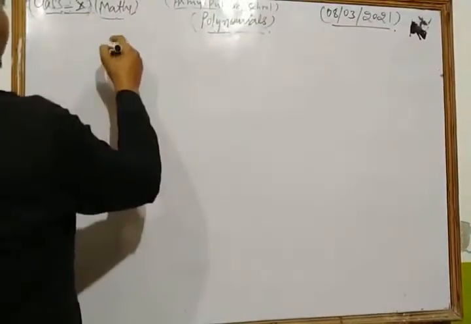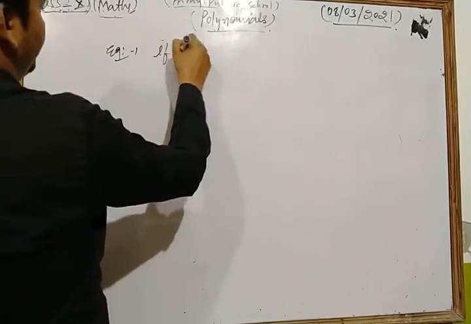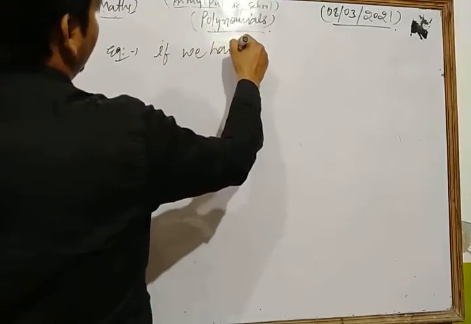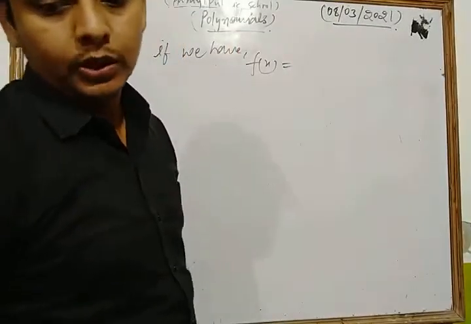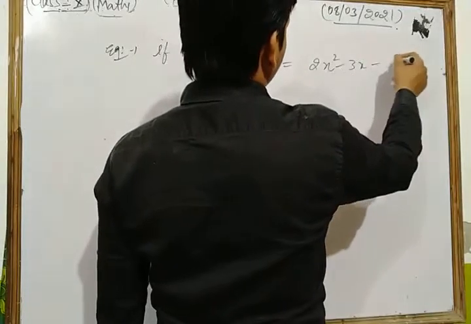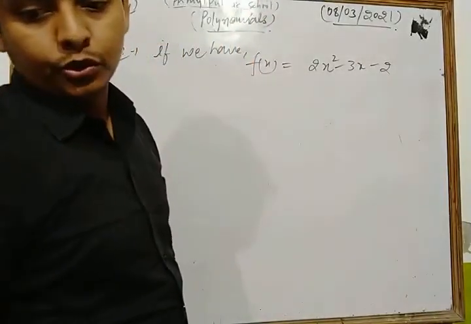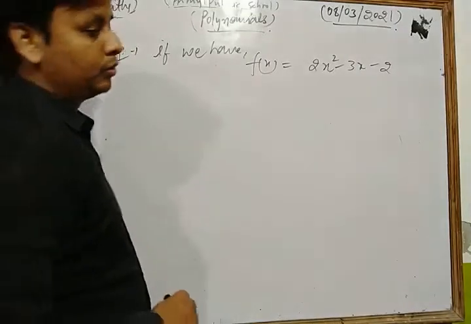We take an example based on the value of the polynomial. Suppose we have a polynomial f of x is equal to 2x square minus 3x minus 2.